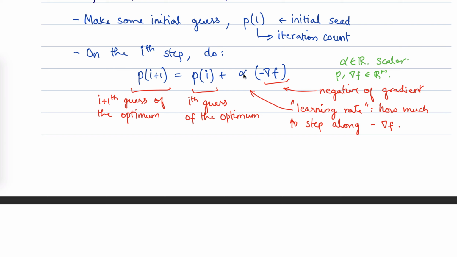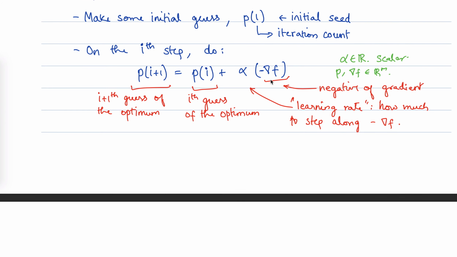It's kind of analogous to a normalized step size, step length. It's like how much to step along this negative gradient direction. How aggressively do you want to step, right? And this is of course the negative of the gradient.